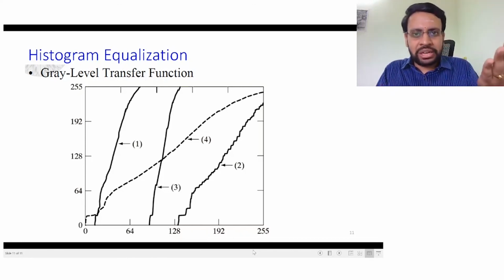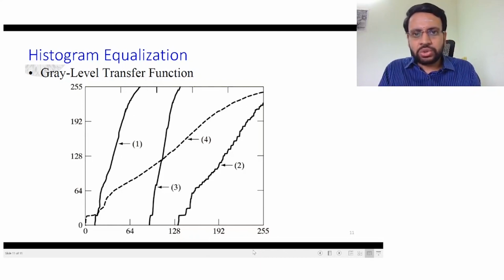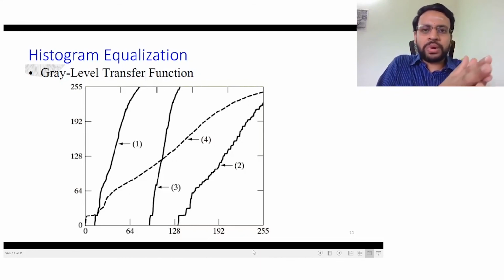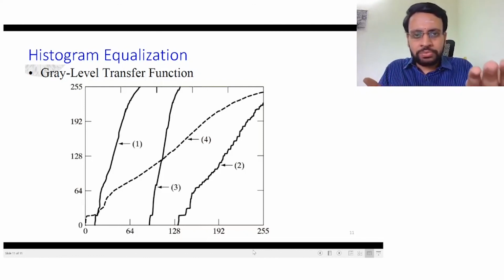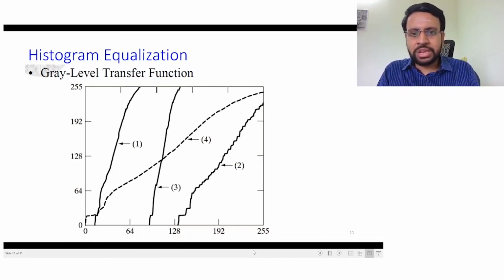But having the knowledge of how the intensity distributions could be, can I modify this existing histogram in a way that it would be somewhat closer or similar to my a priori knowledge of how the histogram should look? The hint for you is, can you use histogram equalization somehow to bring this known a priori information about the histogram as well as the histogram coming from the existing image into the same space? That's one hint I give you.